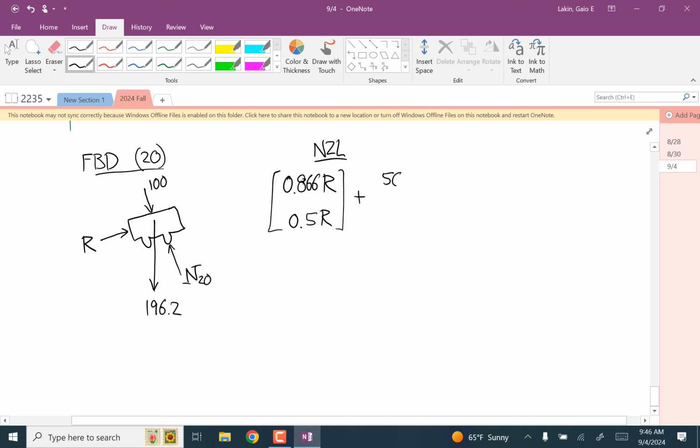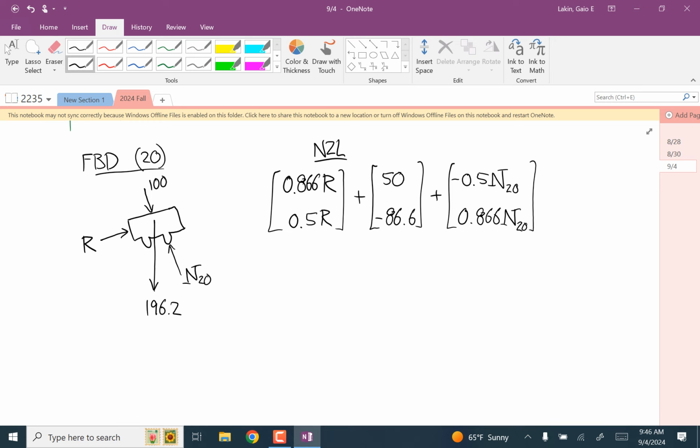So that's going to be 50, negative 86.6. And then the N20 is going to be negative 0.5 N20, positive 0.866 N20. And then we just have the weight, 0, negative 196.2, is equal to zeros.